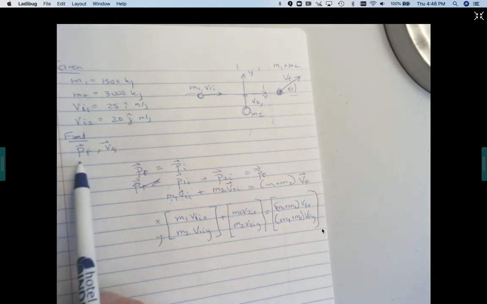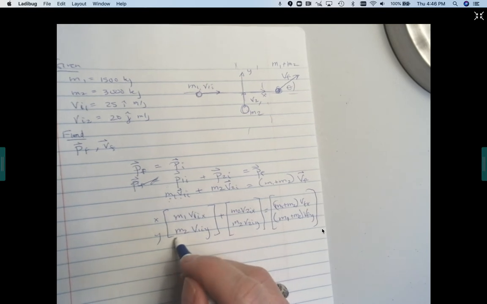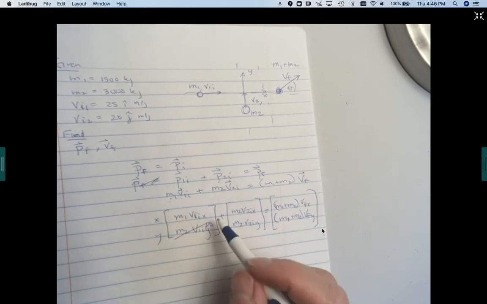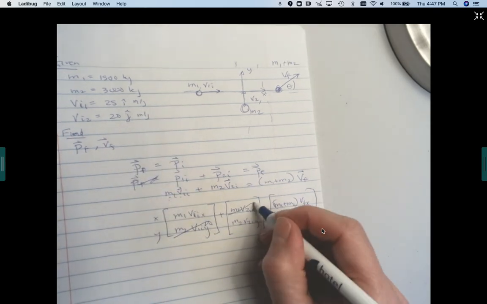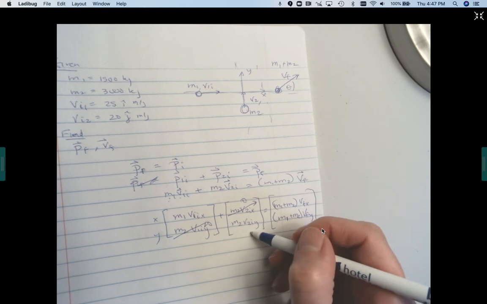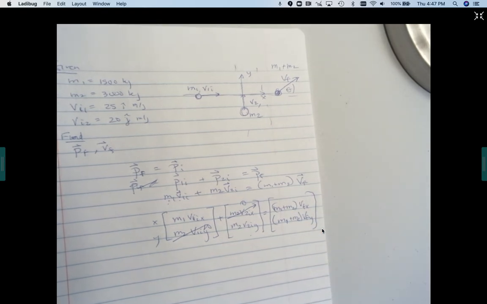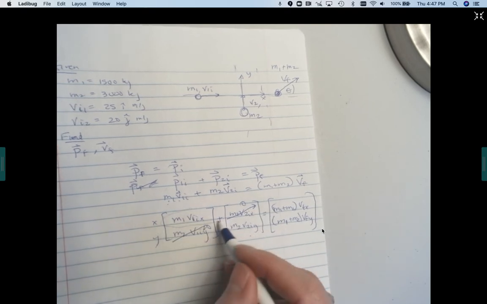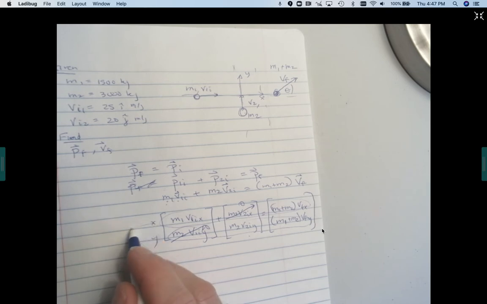So if we look now at v1, right, it has an i component but not a j. So y is 0 for v1. And then for v2, it's got a y component but not an x component. So that is 0 for the second car. Okay, so we have now two equations, right? So we have the momentum equation for the x direction and the y direction. So we can just bring those out here.